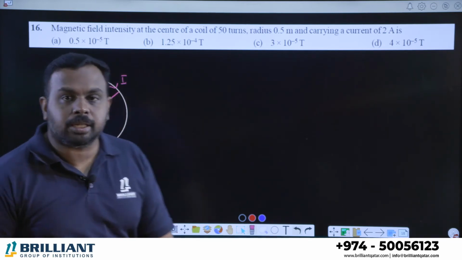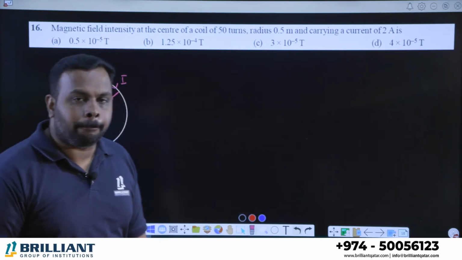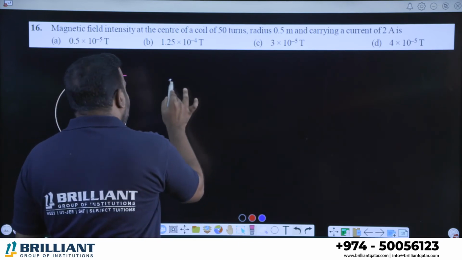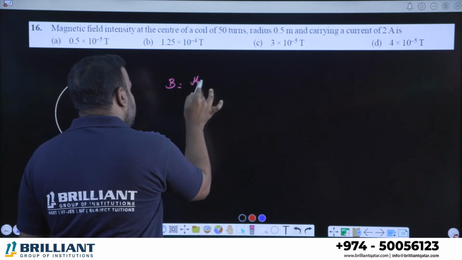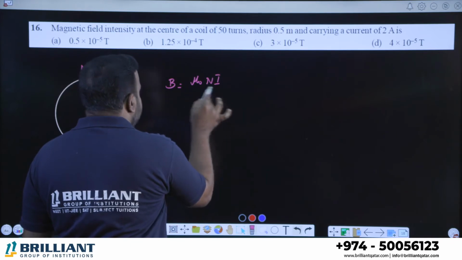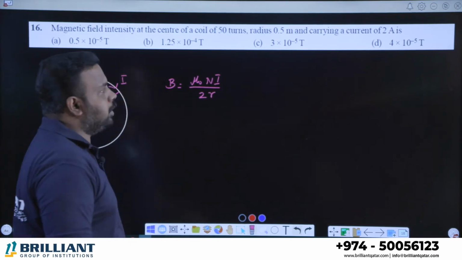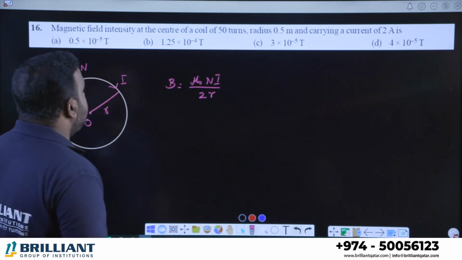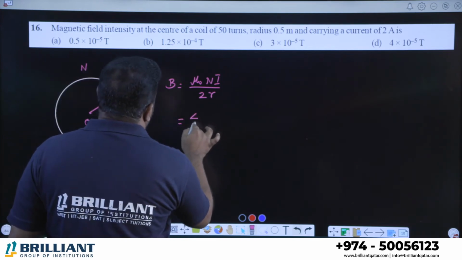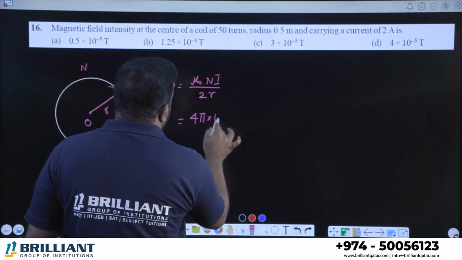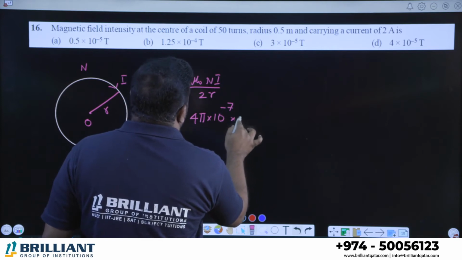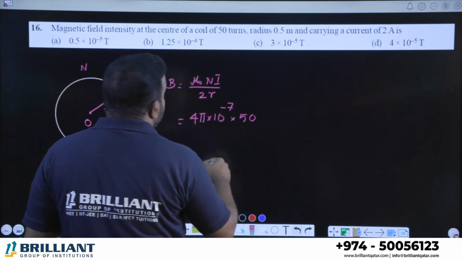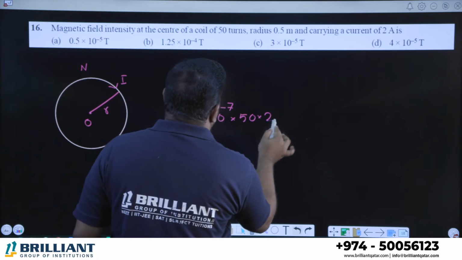What is the formula for the magnetic field at the center of the circular coil? You know that B is equal to mu naught N I by 2R. This is the expression, right? We can just substitute. Mu naught value is 4 pi into 10 to the power minus 7. Number of turns is given as 50. Current I is given as 2 ampere.